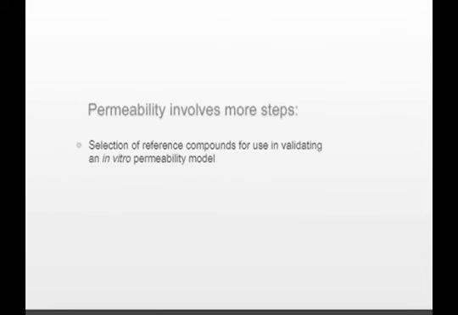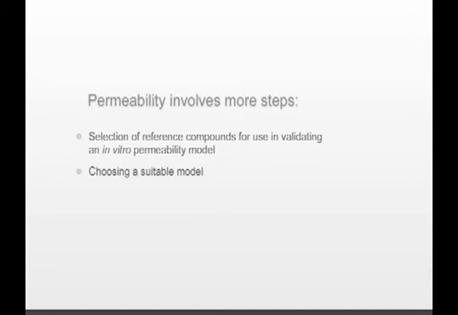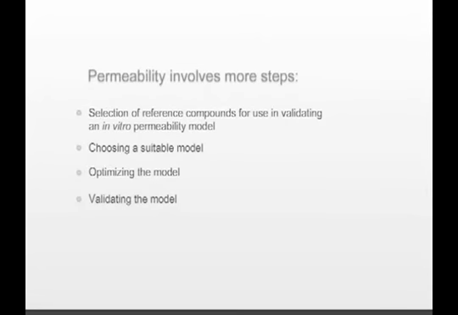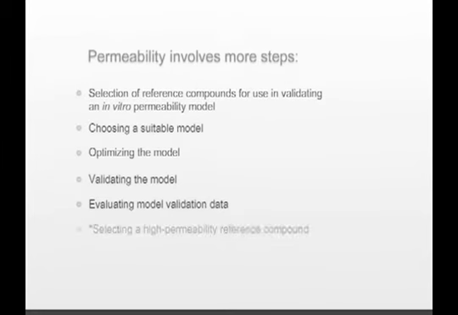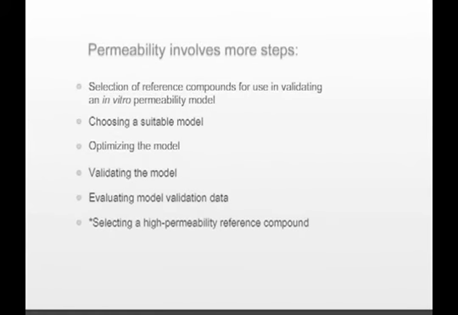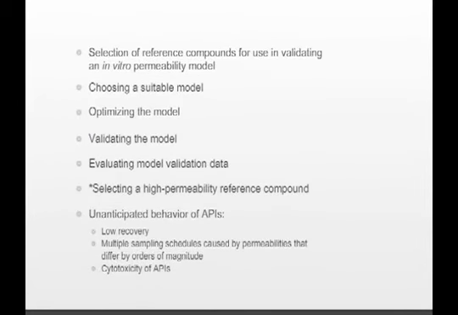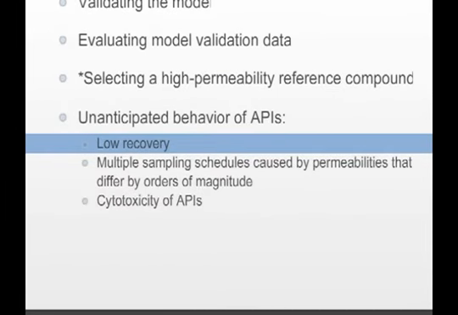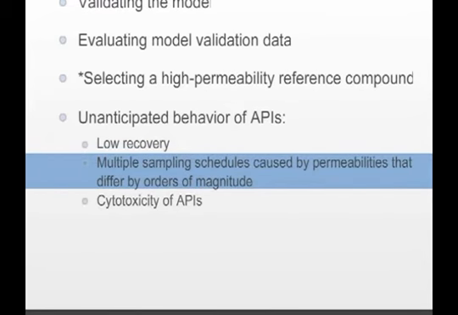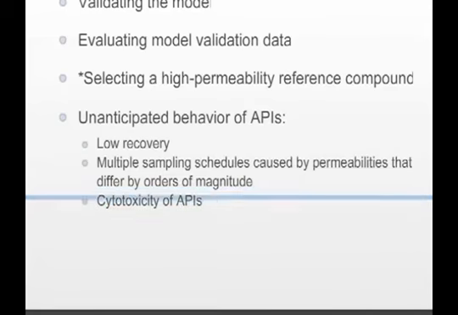Permeability is much more complicated than solubility because it involves developing a set of reference compounds to validate the in vitro permeability model, choosing a suitable model, optimizing the model, validating the model, evaluating model validation data, selecting a high permeability reference compound, and dealing with unanticipated behavior of APIs in the validated test system, namely, low recovery caused by cellular accumulation or nonspecific binding to the testing apparatus, multiple sampling schedules caused by permeabilities that differ by orders of magnitude, and cytotoxicity at high concentrations of API.